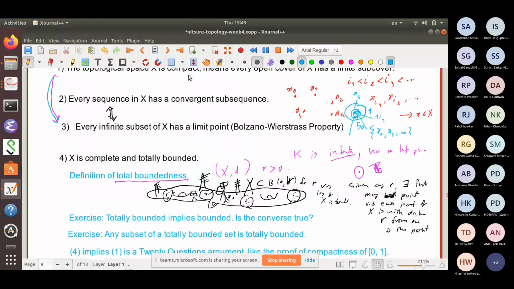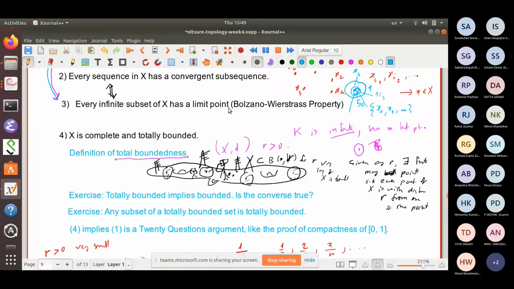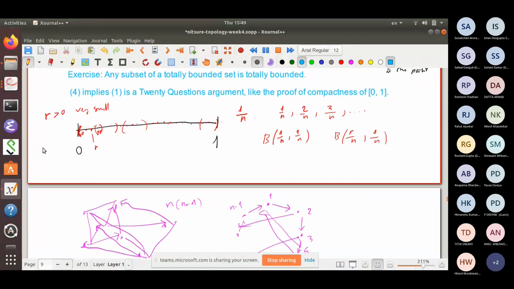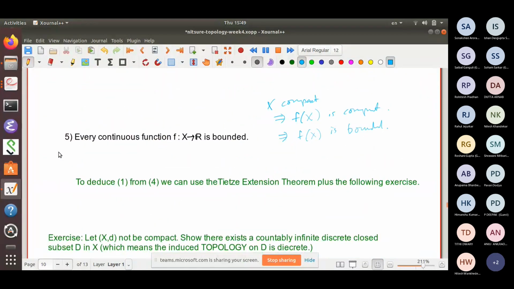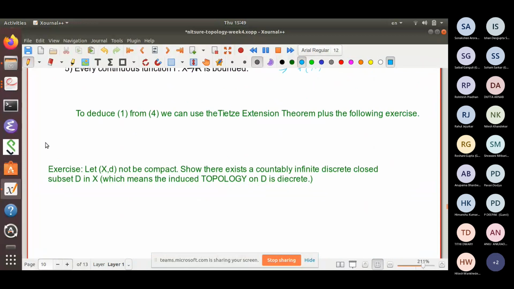How will you prove such a thing? So look at these various things which are in terms of limit points. This says every infinite subset of X has a limit point. So you are going to produce an infinite subset which has no limit point. And then is that subset discrete since it has no limit point? Suppose I have a subset of a metric space and suppose that subset has no limit point.